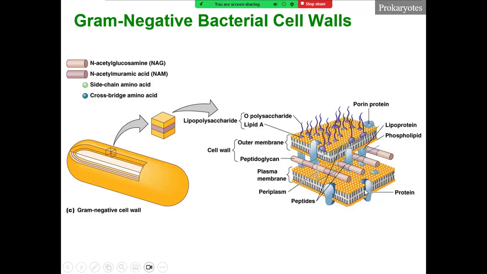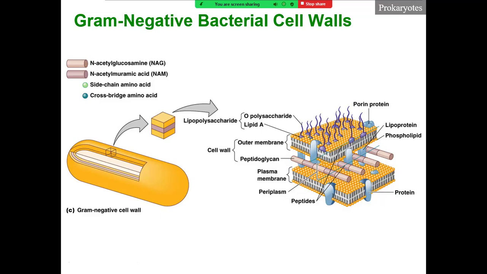It then will enter a transport protein in the cell membrane to enter the cell. Now, the carbohydrate glucose can also enter this porin protein, and then it will need a separate transport protein to bring the glucose across the cell membrane.